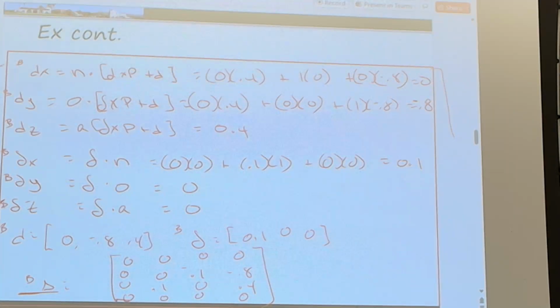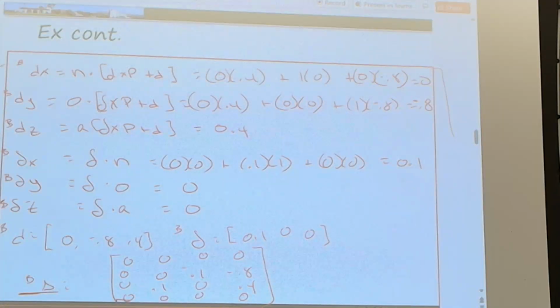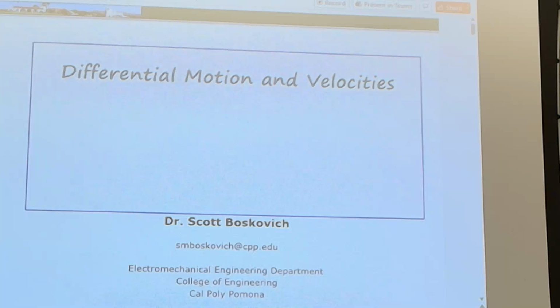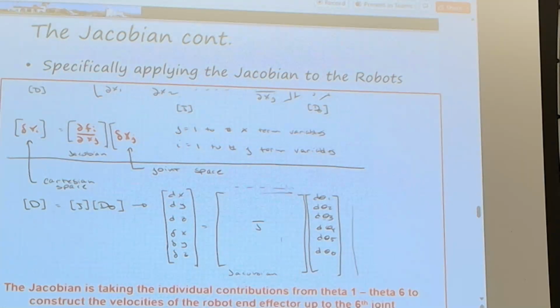If we go back to our Jacobian matrix intro, here's our Jacobian, here's our partial for all of F1 relative to X1. These are my joints at the bottom, all the combinations of each one.